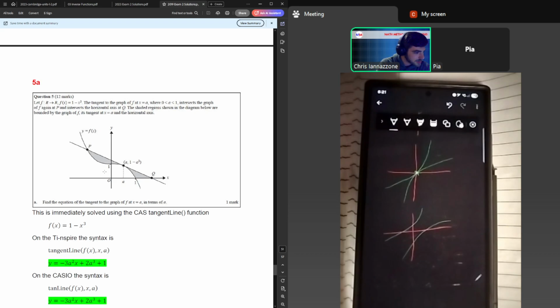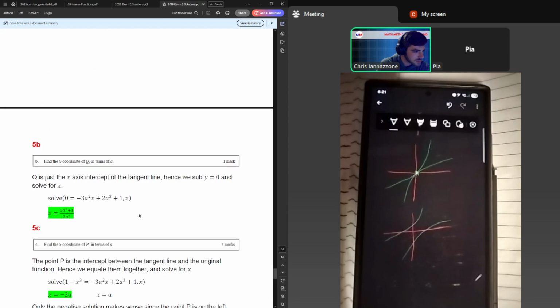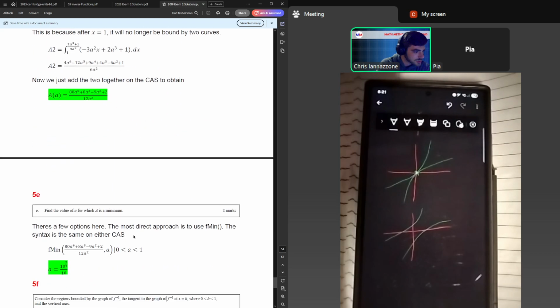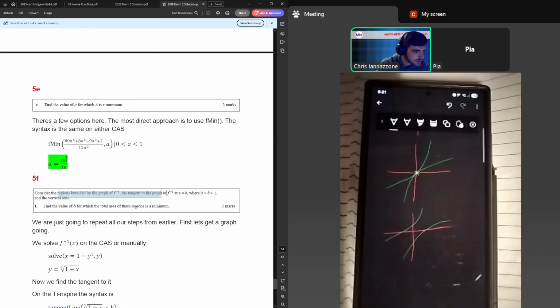So we've got f, which is the cubic. We've got the secant between it. Area equation. F inverse, tangent.